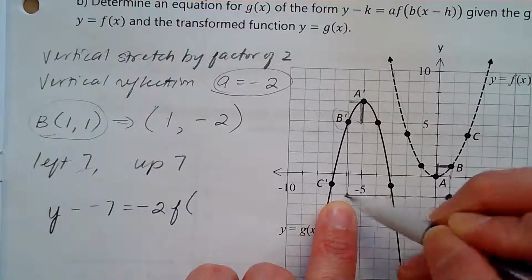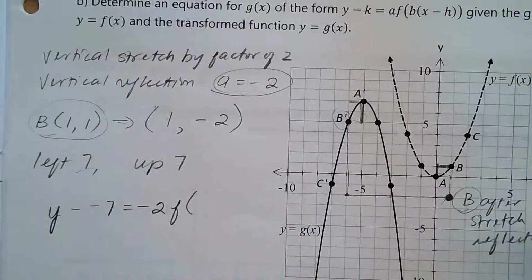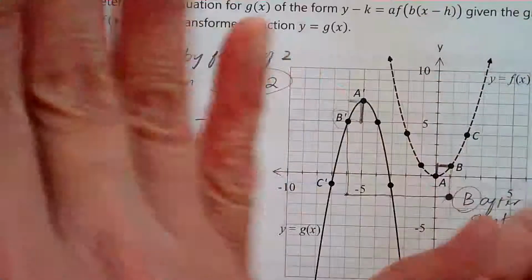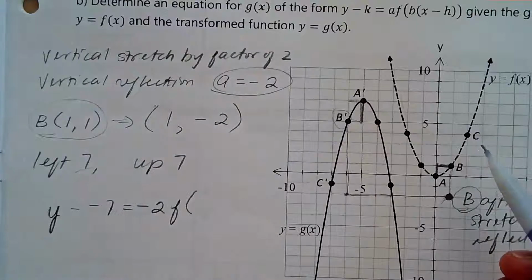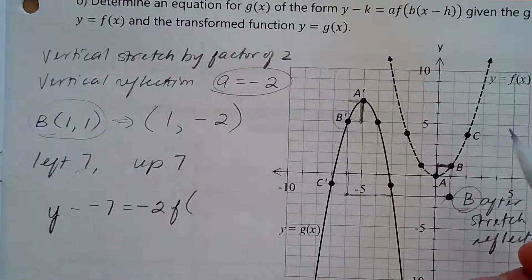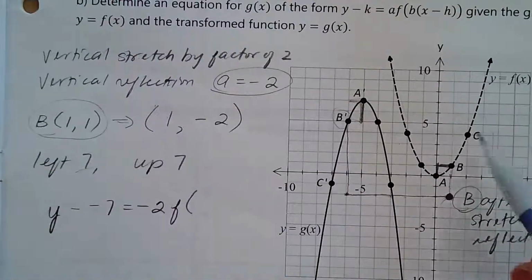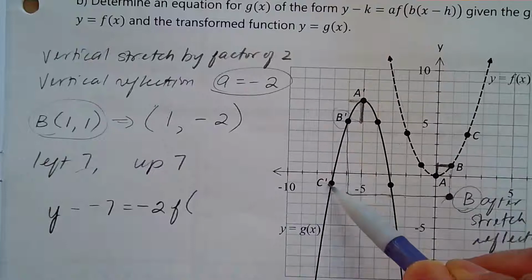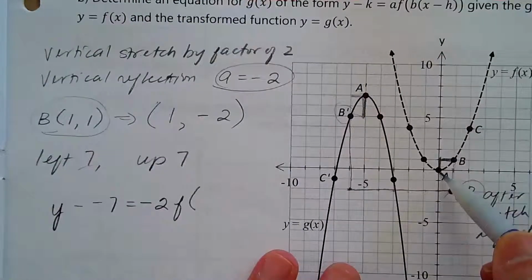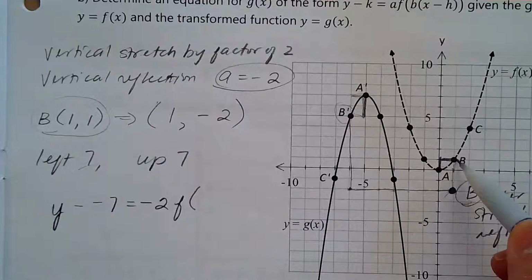Is there not a horizontal reflection as well? Because if you were to just vertically flip, the B and C would still be on the right side, but they're on the left. Oh, good point.